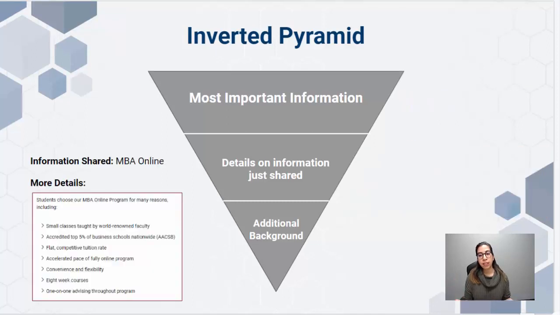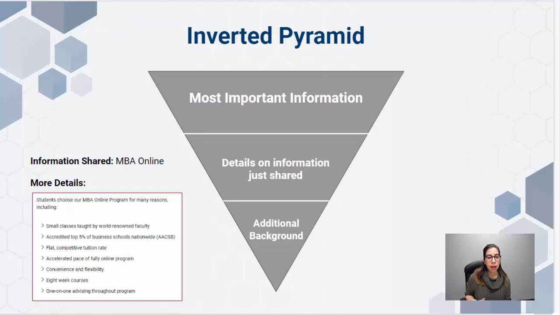Now, part 2, details on information just shared. So right underneath that program overview, the starting 2 sentences, we have other reasons why students choose the MBA online program at CSU Pueblo. So it's everything that supports what the MBA online experience is.